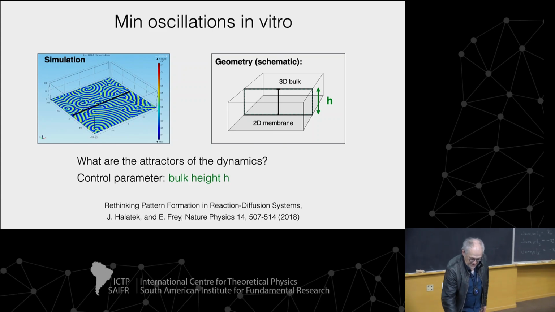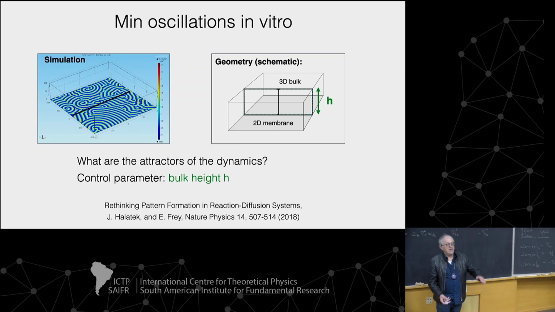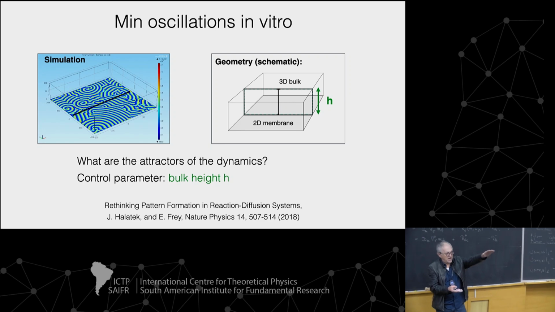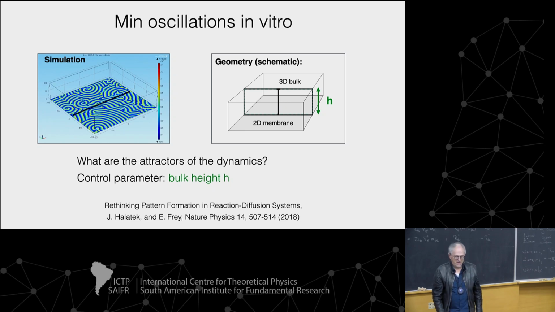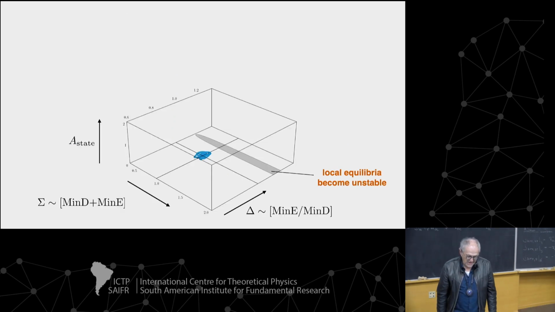Well, let's try, and let's see how this attractor that we find depends on the height. And here I come back to your question, right? If you change the height, that basically means I change how much stuff I have on the membrane and how much stuff I have in the cytosol. I change the fraction. That's my tuning parameter here.